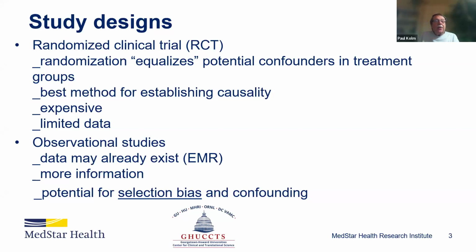Some positives about that are, of course, that the data may already exist. And typically, if that's the case, you can usually get more information on patients than you can in a randomized trial. However, the main downside of observational studies is that you have the potential for selection bias and confounding, so that you can't really make a clear-cut decision about whether your treatment worked or not.